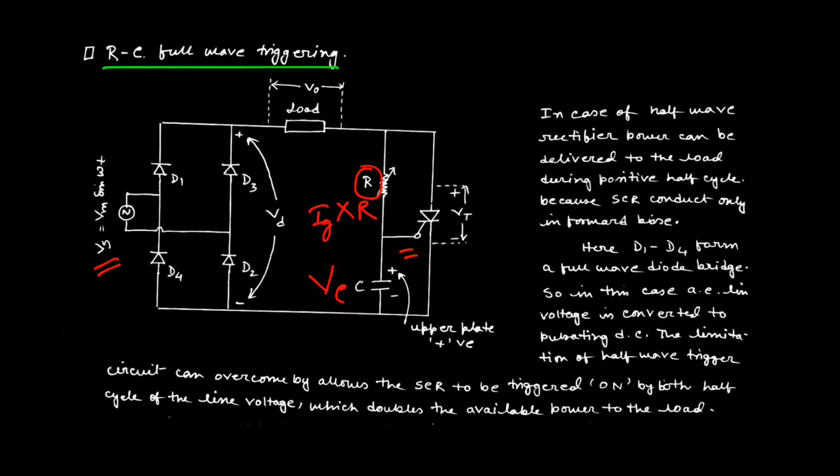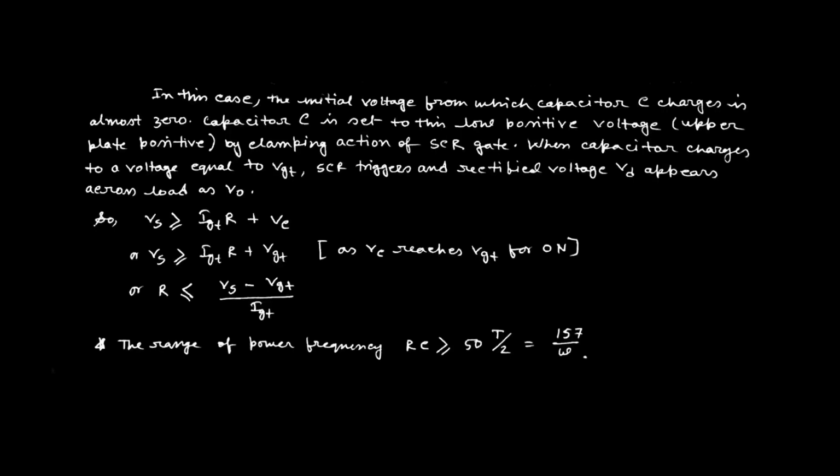So Vs equals Ig into R plus Vc. So we can write Vs greater than or equal to Ig2 R plus Vc.